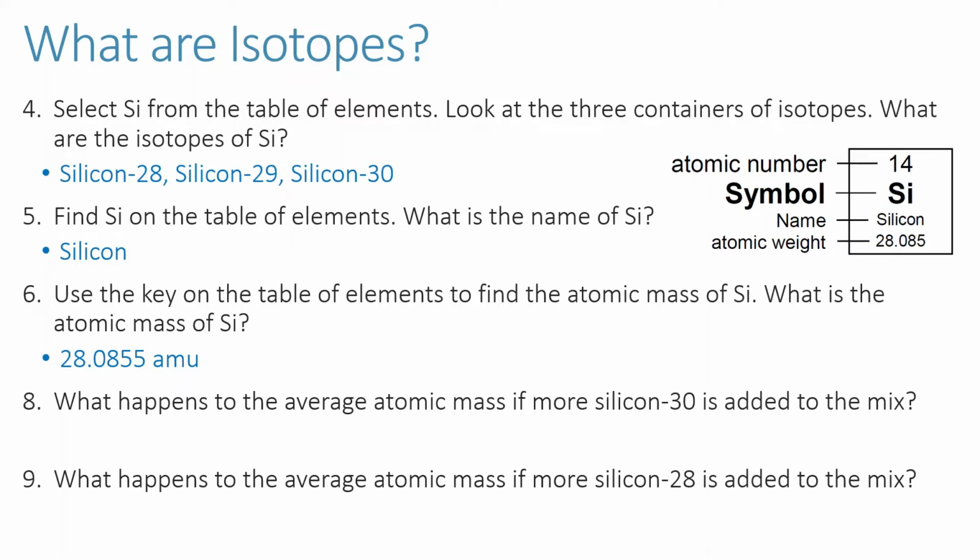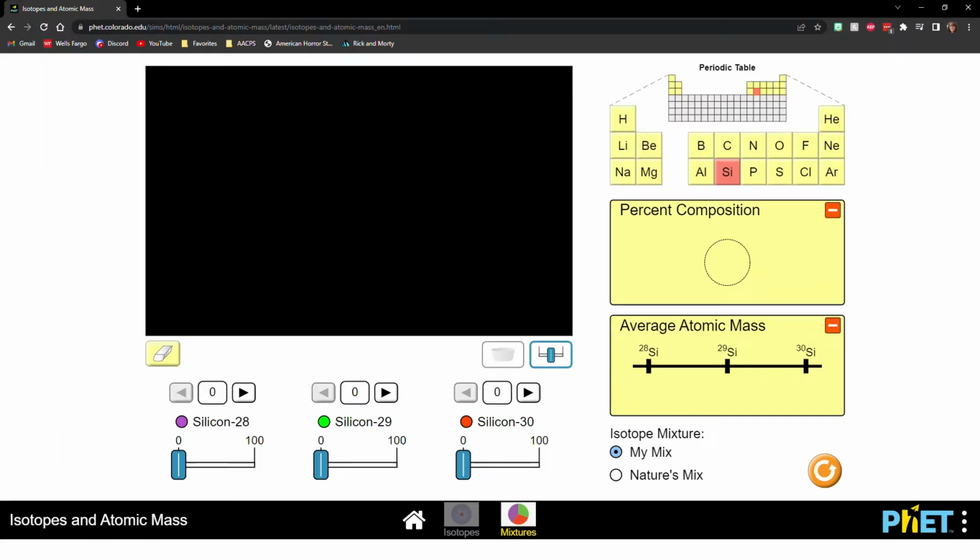So what we're going to look at next here is in the simulation, I'm going to put one of each of these. And if you notice, my average here is 28.97573. If I add silicon 30, notice that that mass goes up.